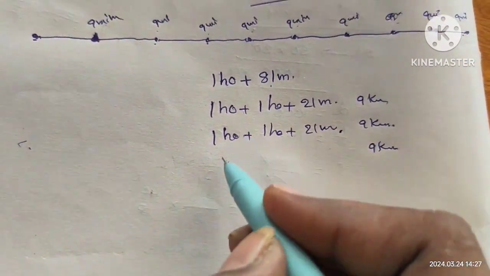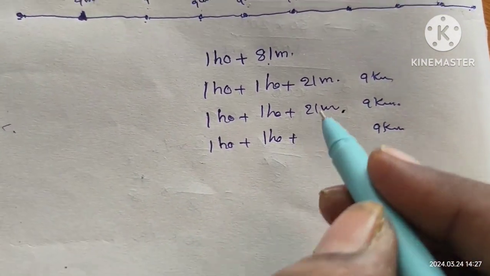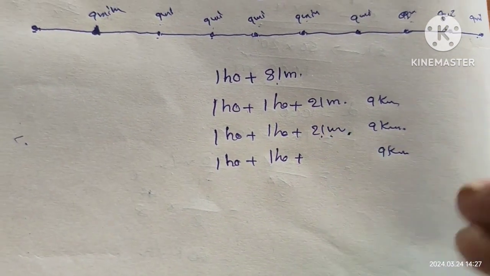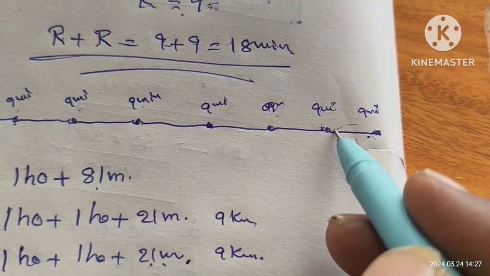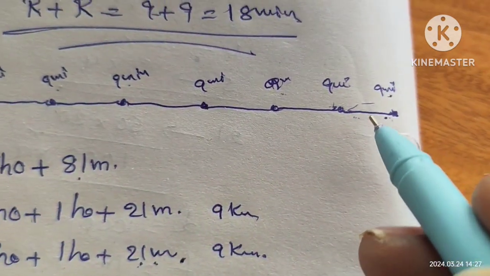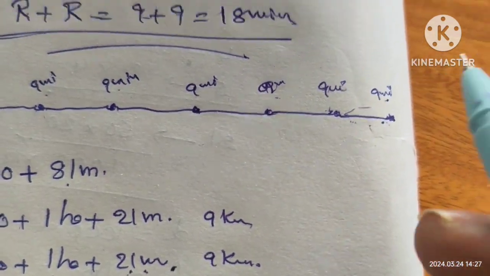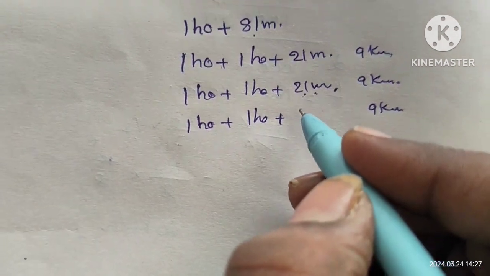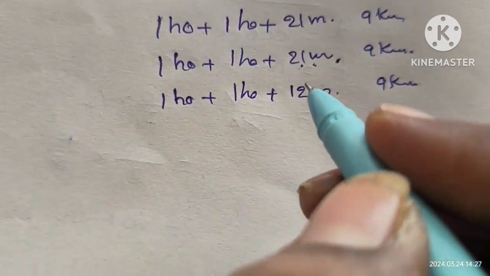But see here for the last 9 kilometers also, same 1 hour plus 1 hour plus, here not 21 minutes, because after completing the 27th kilometer, no need to take the rest, so it will be reduced. Then it becomes 21 minus 9, it is 12 minutes.